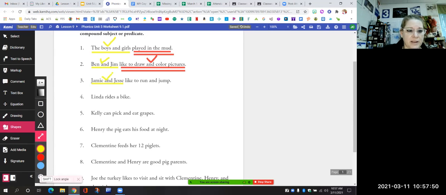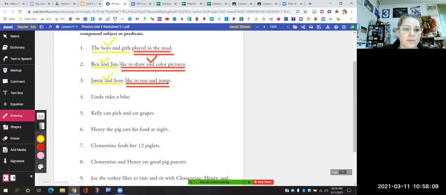All right, now let's find the predicate. What is it that Jamie and Jesse do? They like to run and jump. Good. So is that simple or compound?